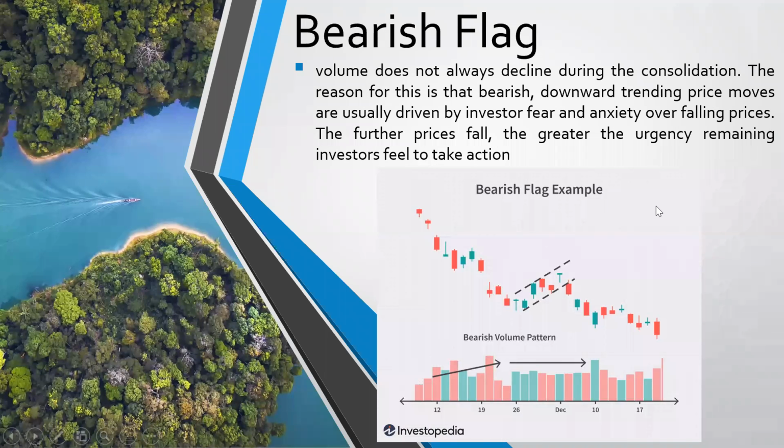On a bearish one, volume does not decline during the consolidation. It stays flat. The reason is that bearish, downward trending price moves are usually driven by volatility, fear, anxiety about falling prices.